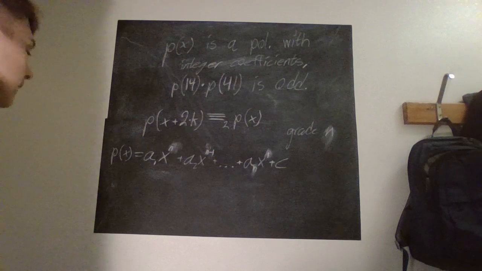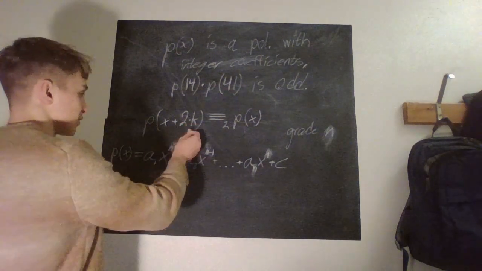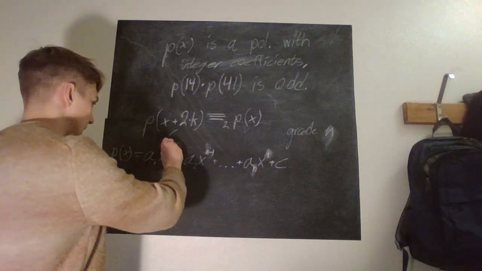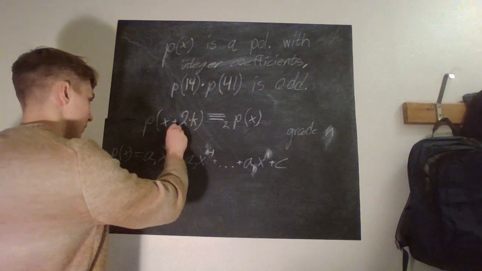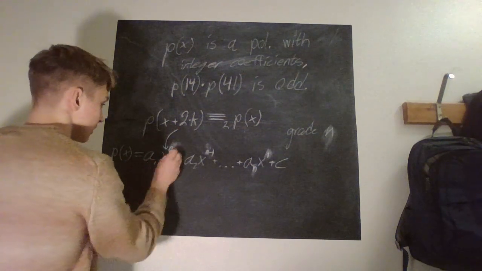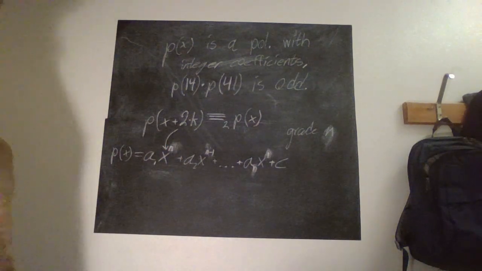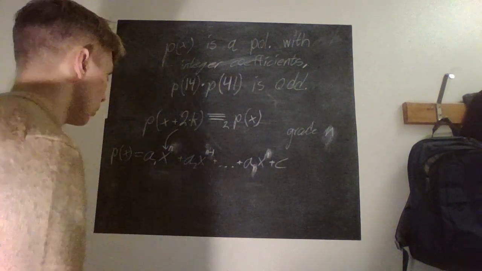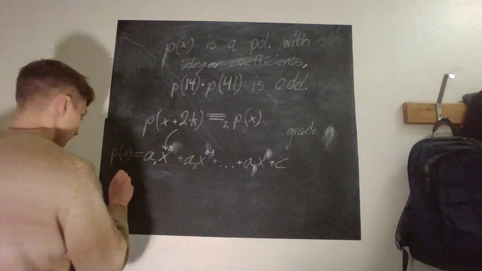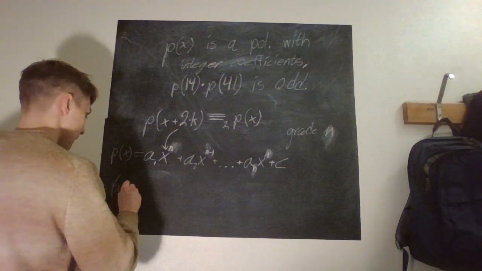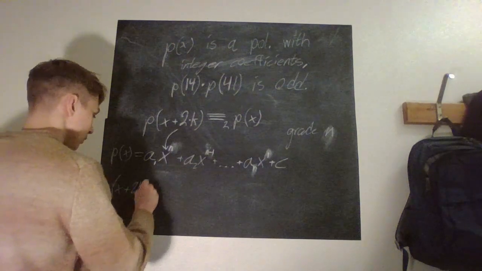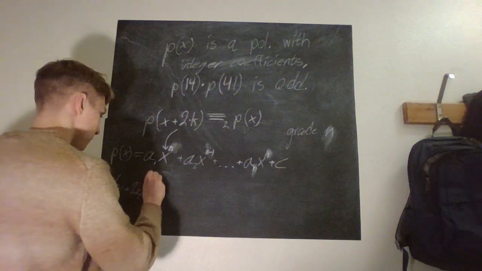Here, if we were to plug in x plus 2k in here, since this is an integer and n is an integer, what do we know will happen? Well, I can just write it up: x plus 2k to the power of n. What will this be?